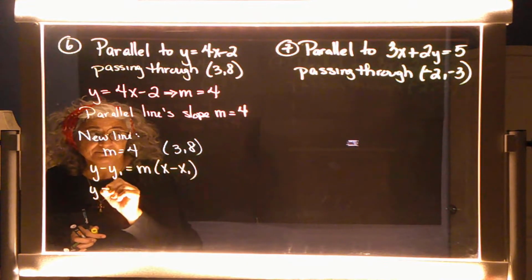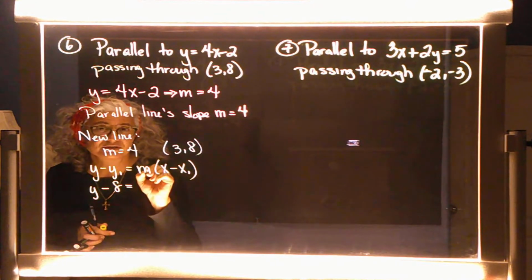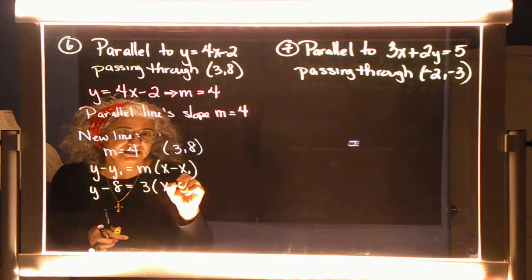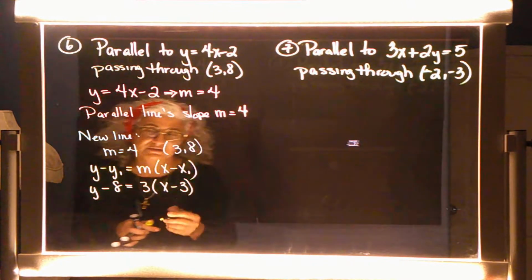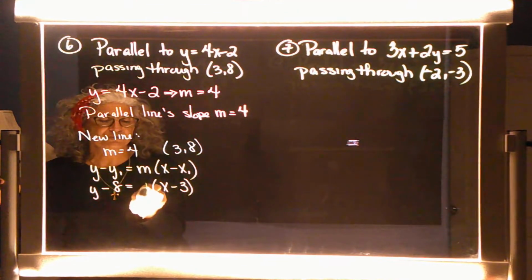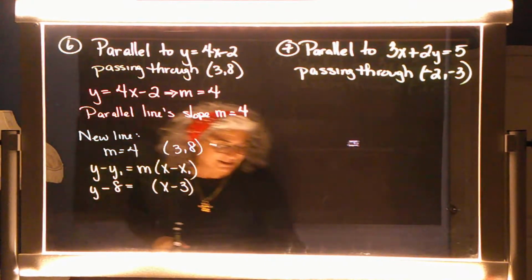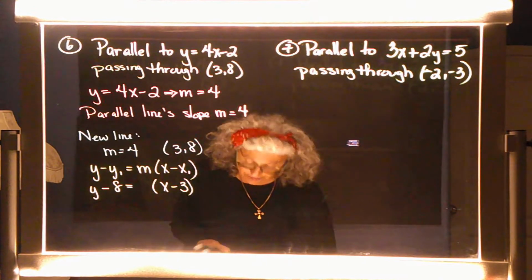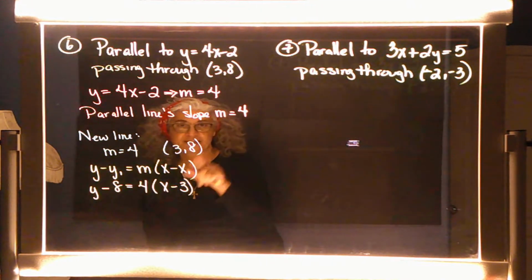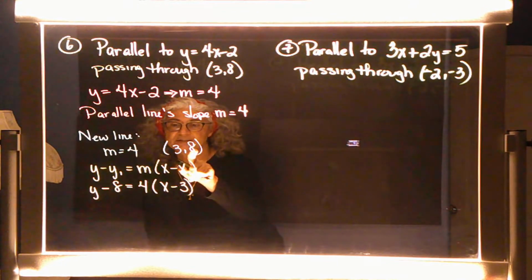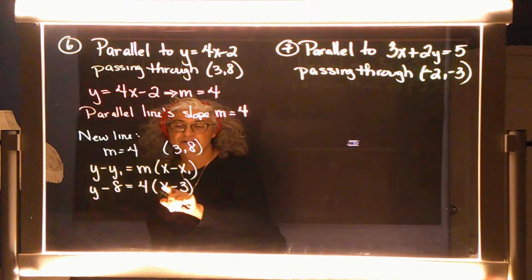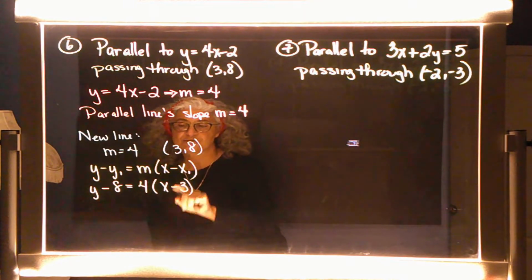So we get y minus 8 equals 3 times the quantity x minus, whoops. See, this is why I need you guys doing it with me. The slope isn't 3. What did we say the slope was? Yep, the slope is 4. So good catch, you guys. I heard you. You're like, wait. Good. So check again: y minus y, which is 8, equals m, which is 4, times the quantity x minus x, which is 3.